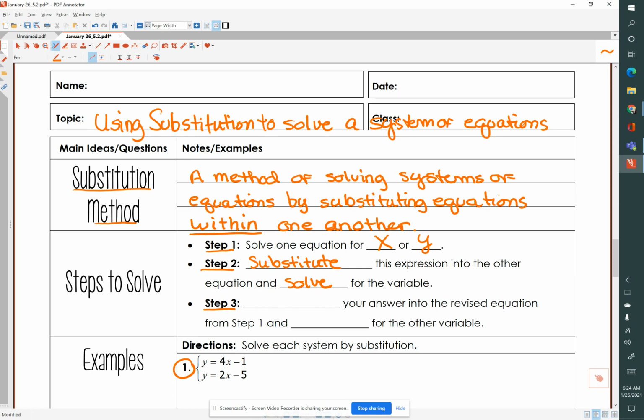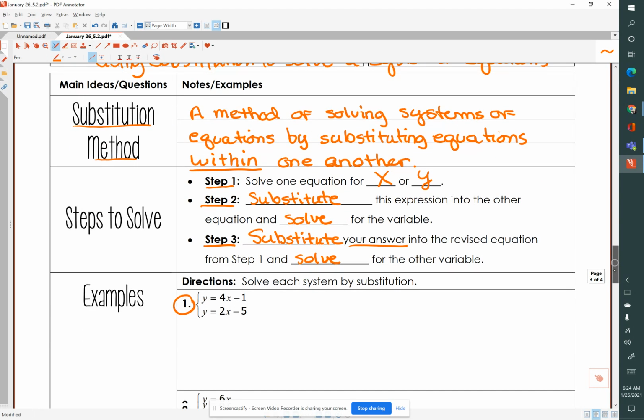Now, once you've done that, in step 3, you're going to go ahead and substitute your answer into the revised equation from step 1 and solve for the other variable. So there's a lot of substitute and solve, substitute and solve, substitute and solve. That's what we're doing here.